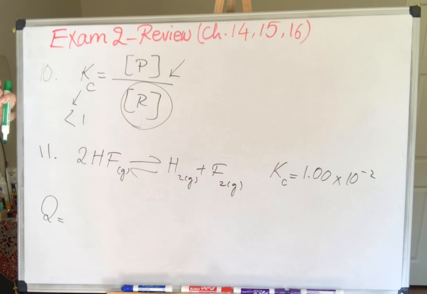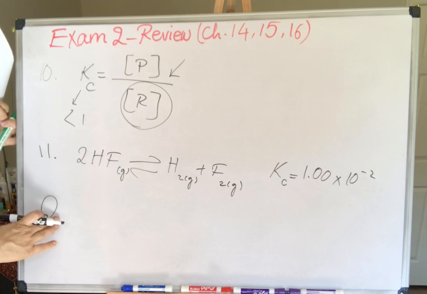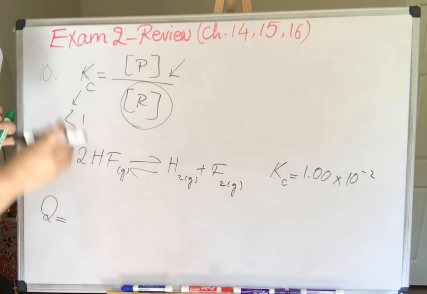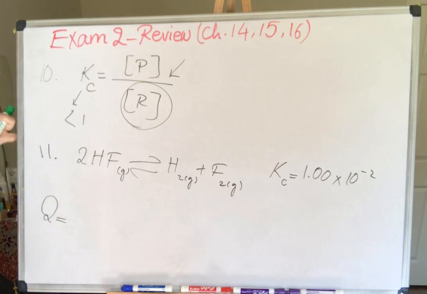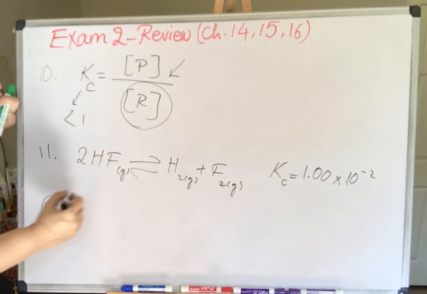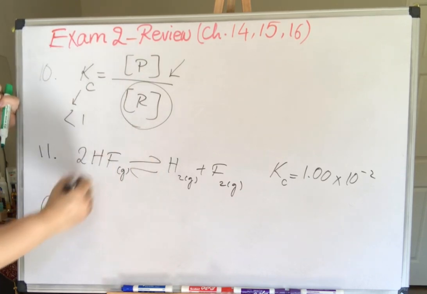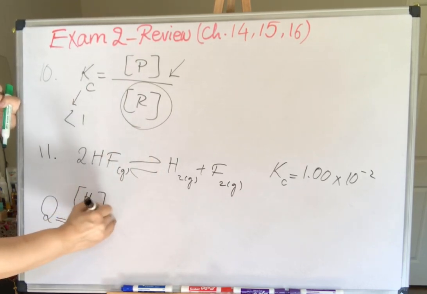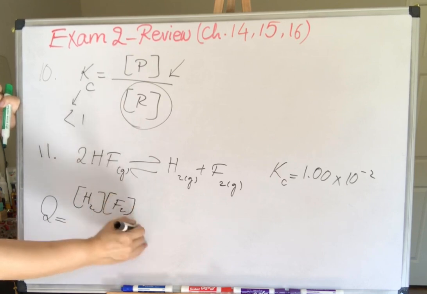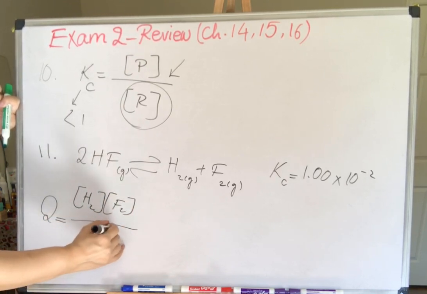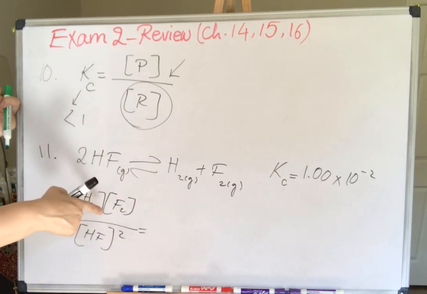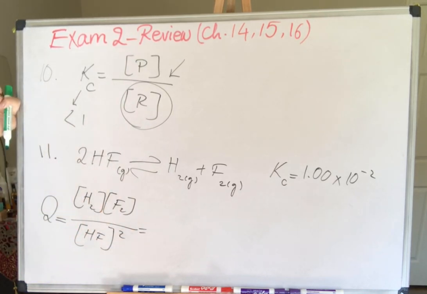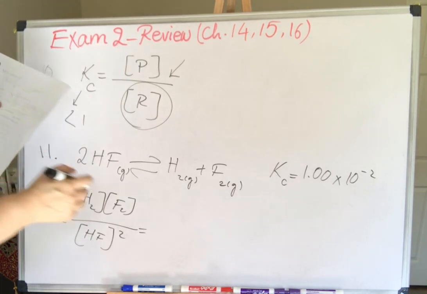So determine the reaction quotient. We learned that the reaction quotient equation is written exactly the same as Kc, but the values are not equilibrium values. They can be at any time in the reaction. So we have hydrogen times fluorine over HF squared. Since we need to plug in the molar concentrations, and you are given the moles, go ahead and divide the moles by the volume.